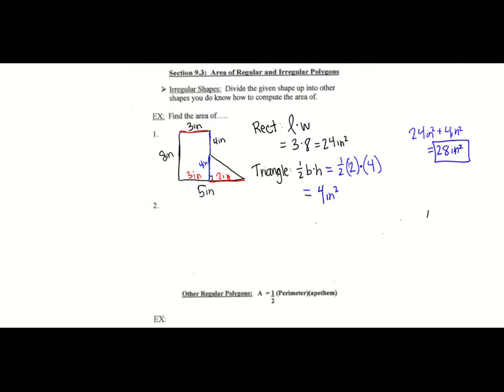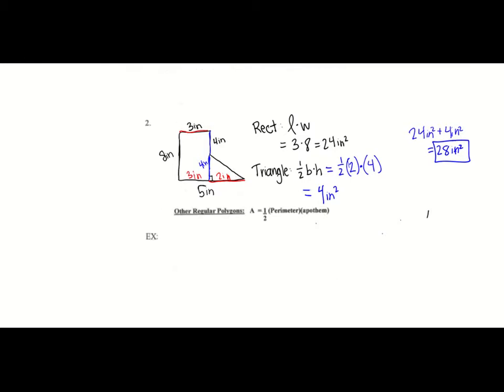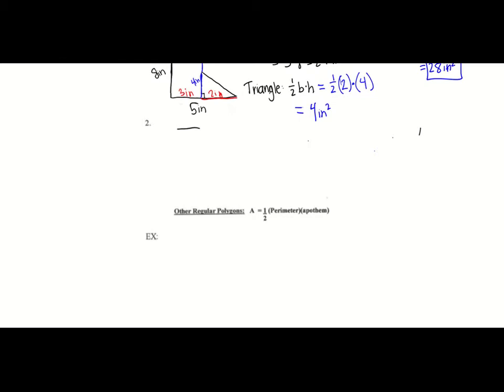Okay, let's try another example. Number 2, again, you're going to have to draw the shape in. So if we start with an irregular polygon that looks like this, and we want to find the area, first thing we're going to do is divide it into two shapes that we know the area of.